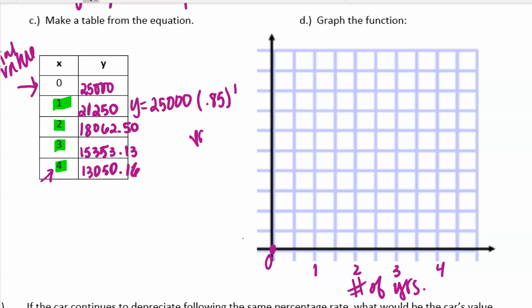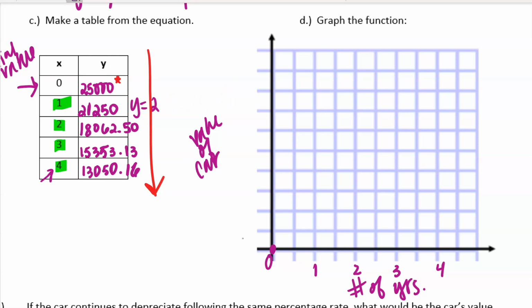And then remember your Y values are the value of your car. Okay. So if it starts at 25,000 and it's decreasing from there, if you look at all your values, it's decreasing in value. The highest value we need is this 25,000 right here. Okay. So what I'm going to want to do is just make sure that when I do put my points in for my y-axis, that I can get to 25,000.